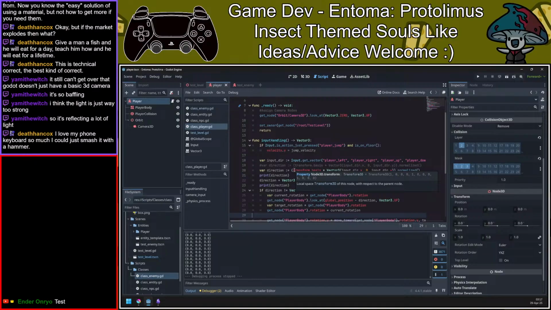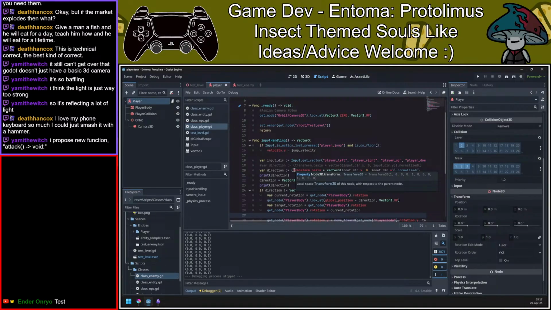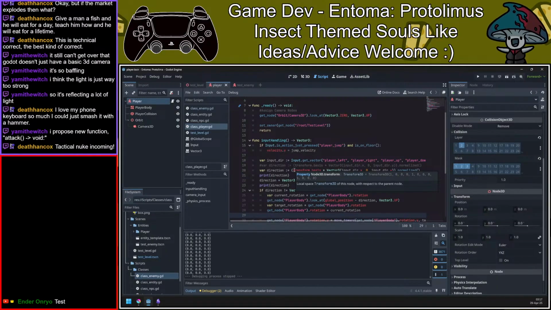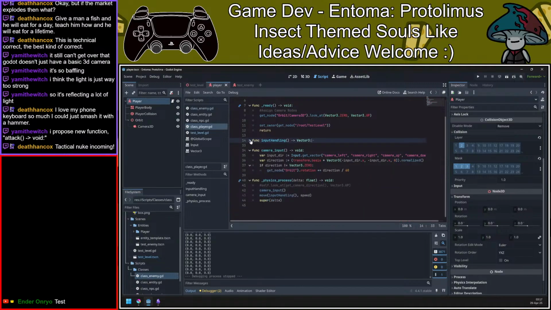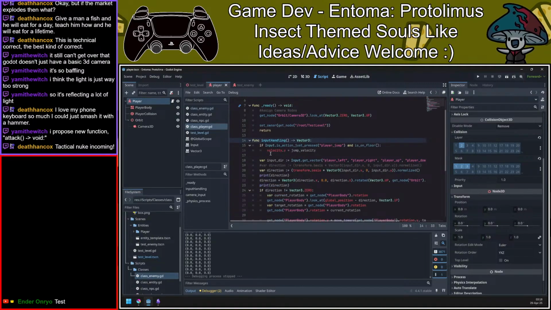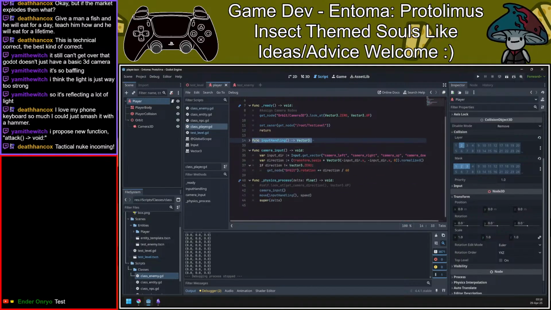If the enemy is inside that trigger, delete the enemy from the scene. New function? Yeah. And then in input handling, if input blah blah blah, run attack.